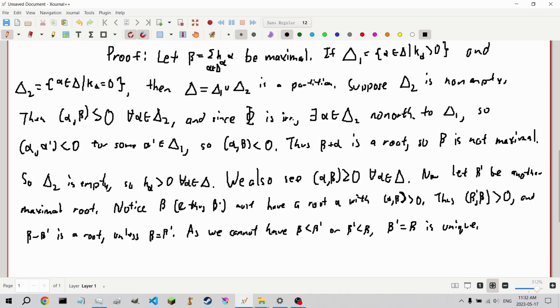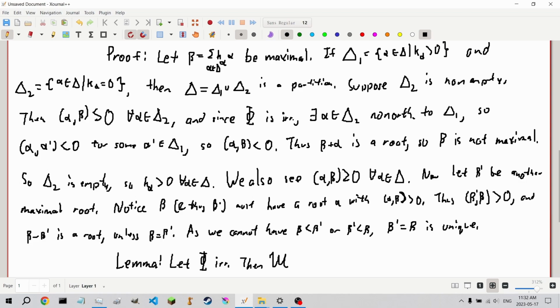Alright, let's go to our second lemma here. Let our root system be irreducible.